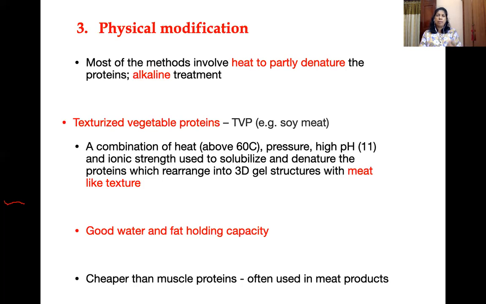So actually the TVP has air pockets. You have seen that textured vegetable protein has air pockets. Therefore the aromas and flavors do not bind with the gel structure, because the gel structure is a totally closed structure, but the air pockets trap these flavors and aromas. Therefore once you eat it, you feel that it is a fish, a chicken, a vegetable flavor.